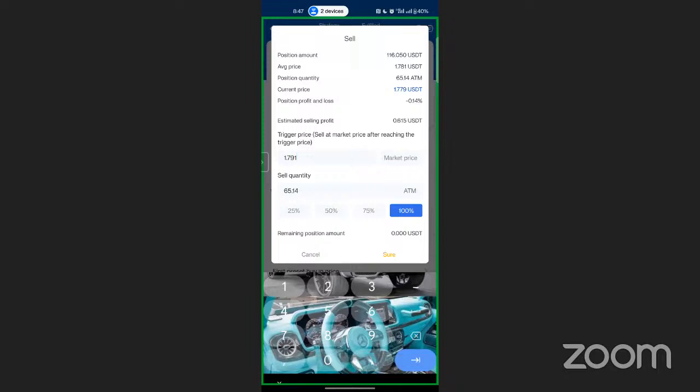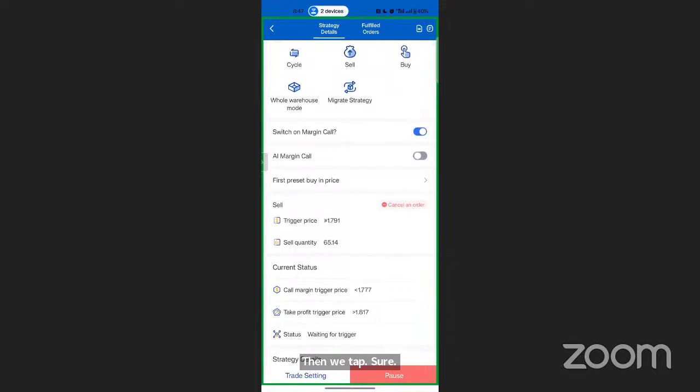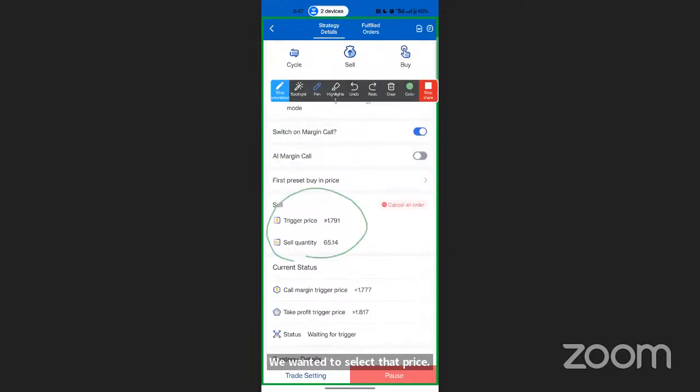We want it to sell at that price. Can you see the order? Give me a 2 in the chat if you see. Down here, there will be that take profit. When the coin gets at that price, I want my robot to sell.